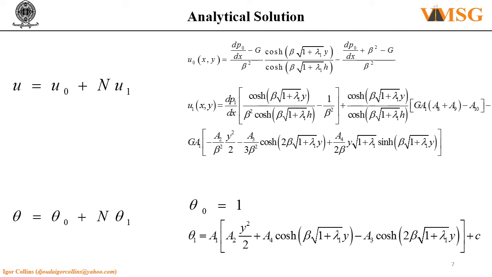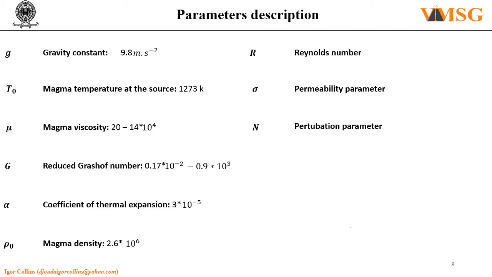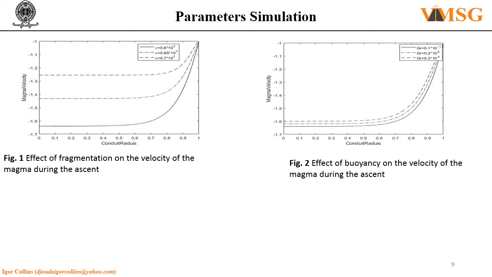We can see that those expressions are a function of a combination of hyperbolic functions. That means that velocity and temperature increase or decrease exponentially during the ascent. For parameter description, G used here is a reduced Kirchhoff number, R the Reynolds number, sigma the permeability parameter, and N the perturbation parameter. We have used the Python environment to obtain some results.